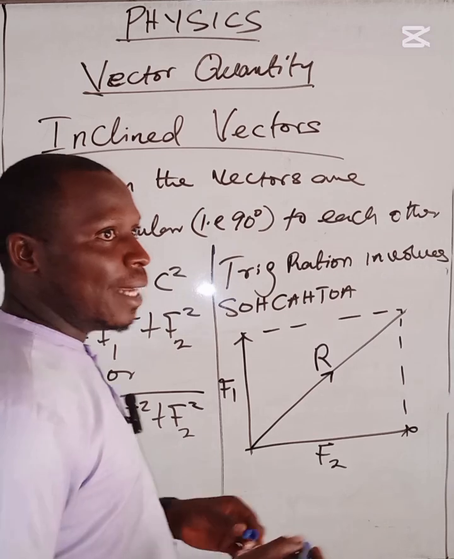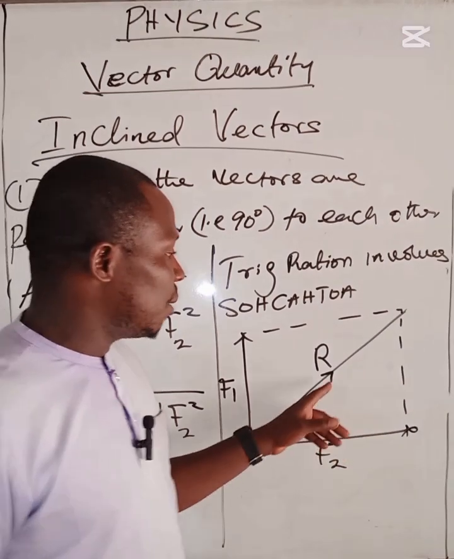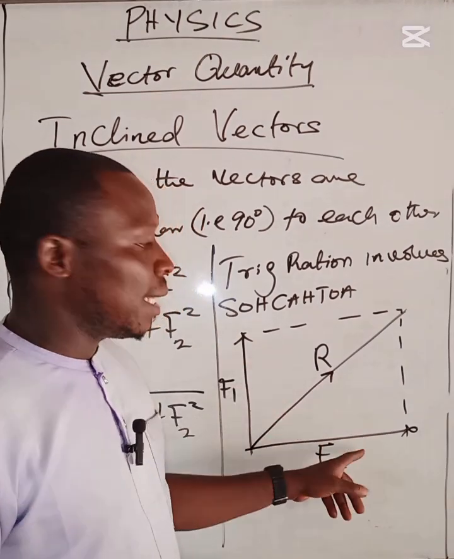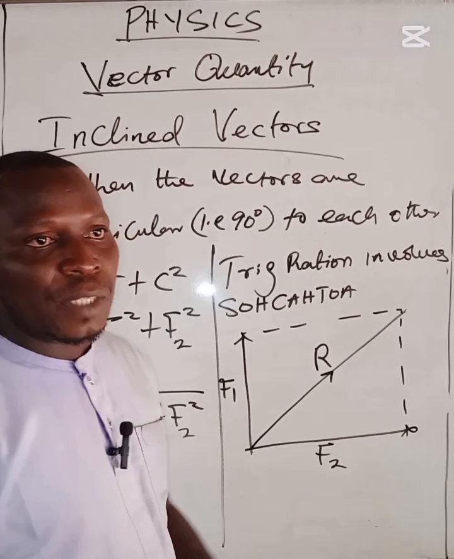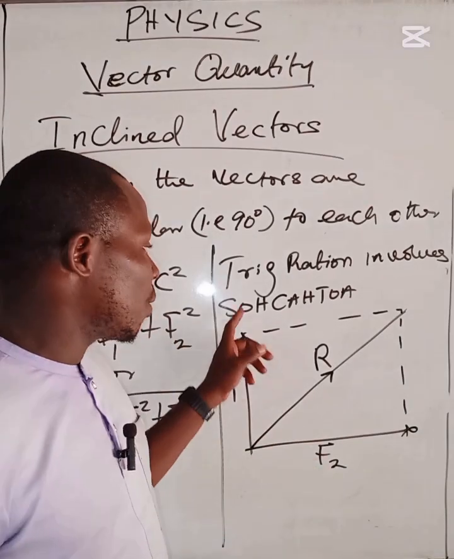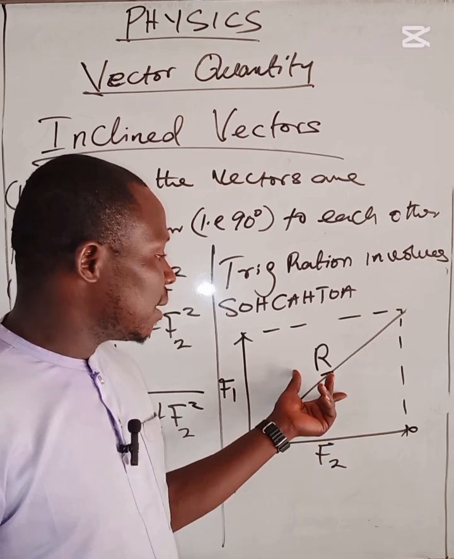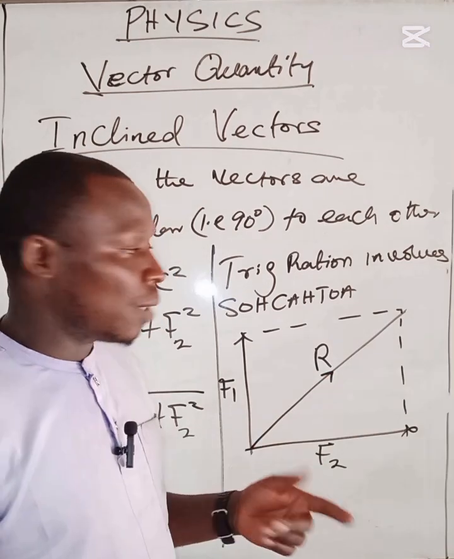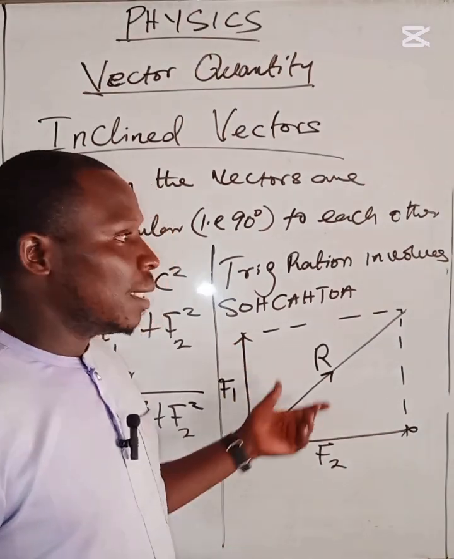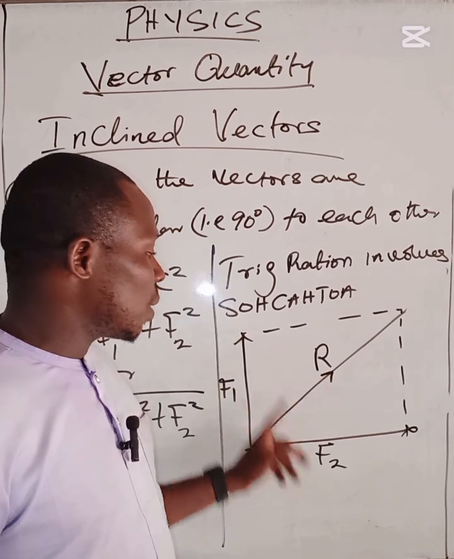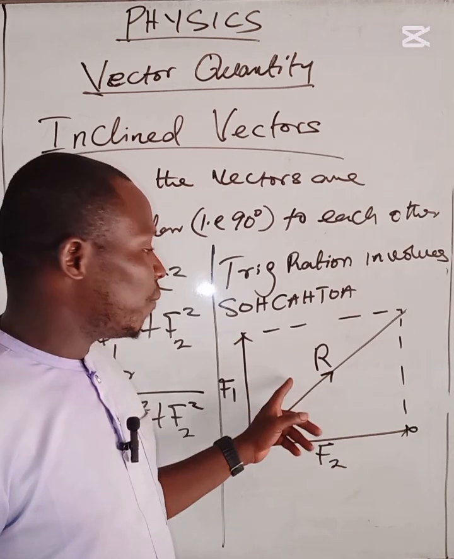Okay. Now, to find the direction, this resultant is between the north and the east. You find the direction of the resultant with respect to either north or south. Now, in this case, the resultant is between north and east. So you are finding the angle.